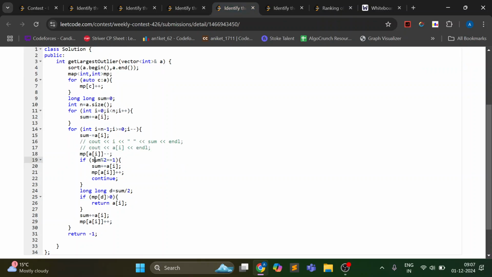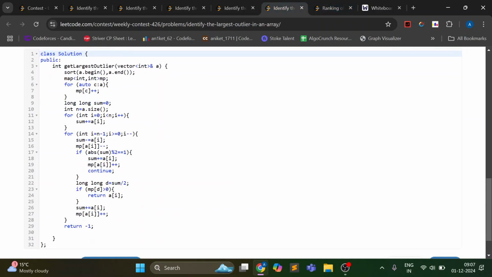In the second one I got it wrong because I was checking sum could be negative, and I was checking sum mod 2 equal to 1. So negatives mod cannot be taken like this. You can just handle it by adding an absolute there.